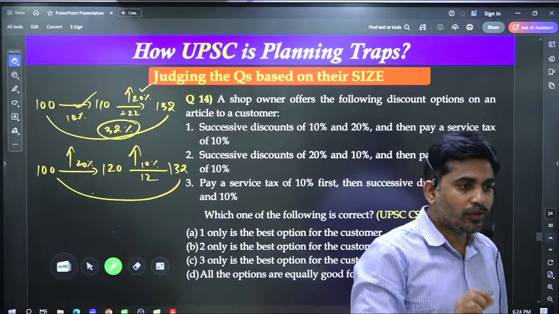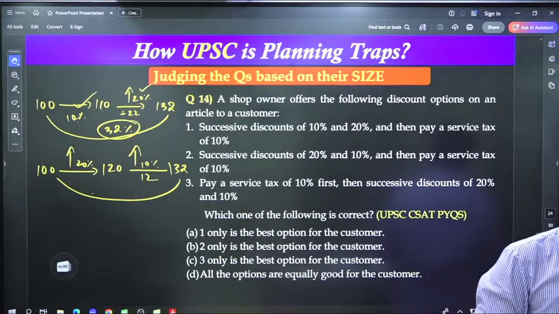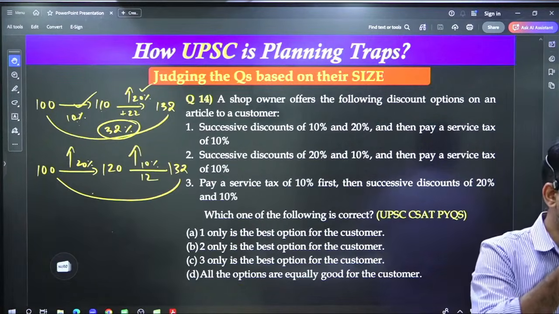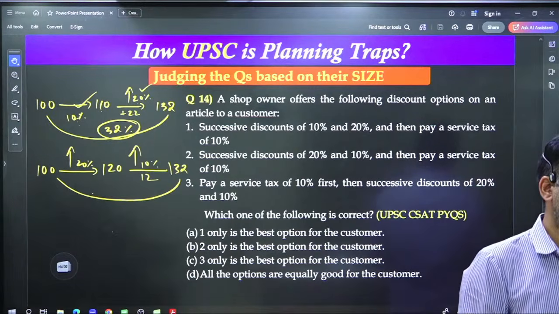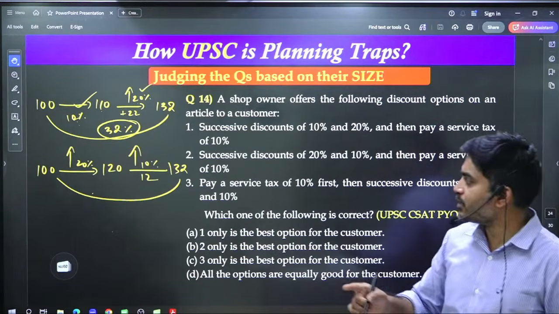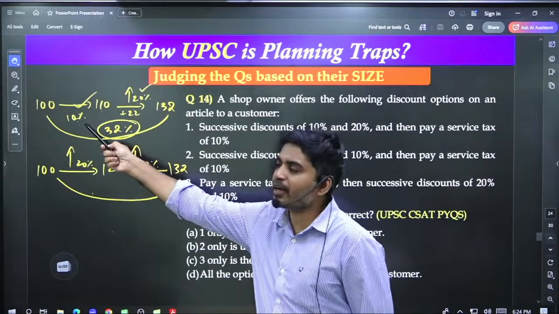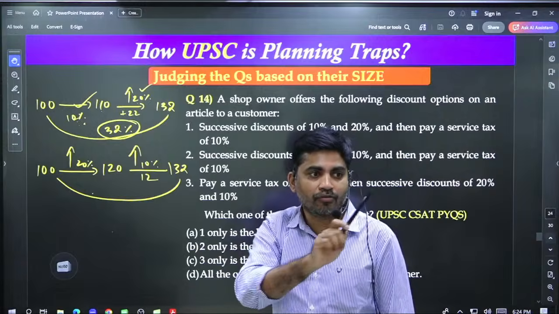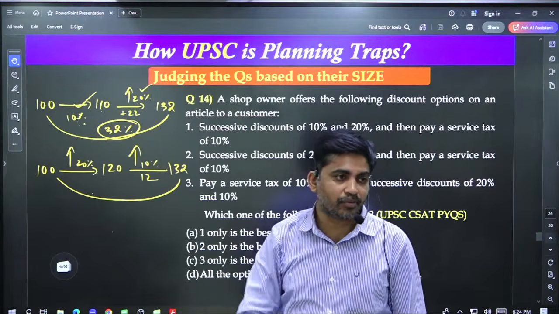We should know this. When you practice basic foundation questions, you have to figure out these points first. In this question, see, the percentages are 20, 30, it doesn't matter. If the order is different but the values are the same, the answer will be the same.